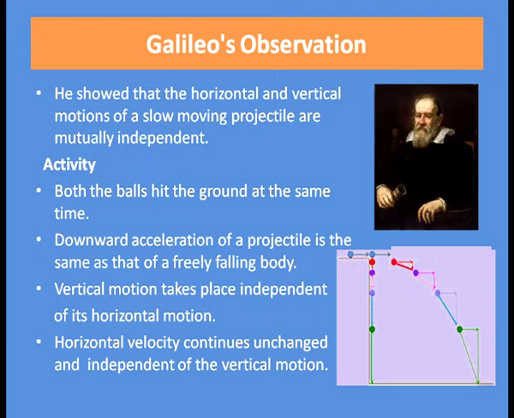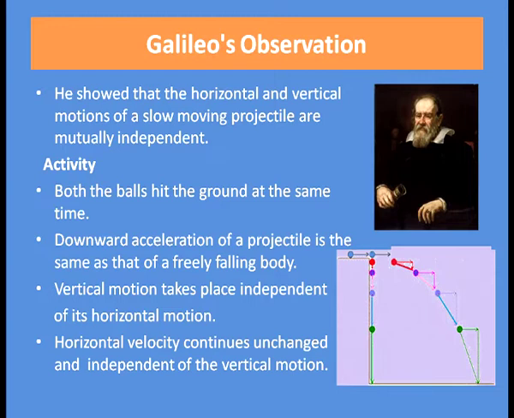Then you can see that both the balls hit the ground at the same time. So, the downward acceleration of a projectile is the same as that of a freely falling body. You are throwing one ball horizontally and another ball is dropped vertically downward, so both the balls have the same downward acceleration.